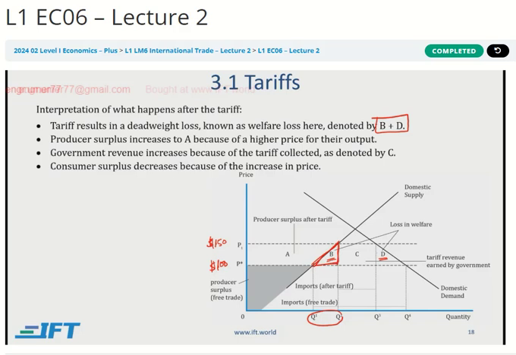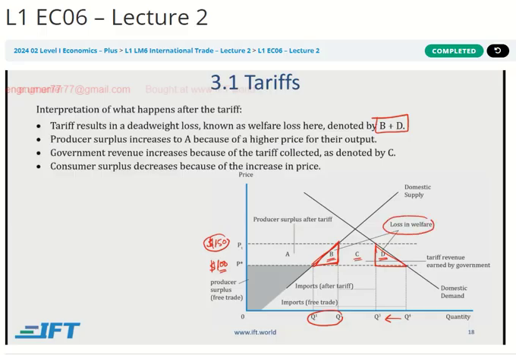Secondly, this area over here, which is D, is cars that consumers could have bought at the price of 100, but that is also a loss because the demand is going down because the government is raising the price to 150. So these two are loss in welfare.